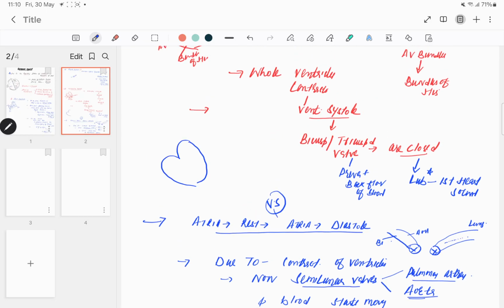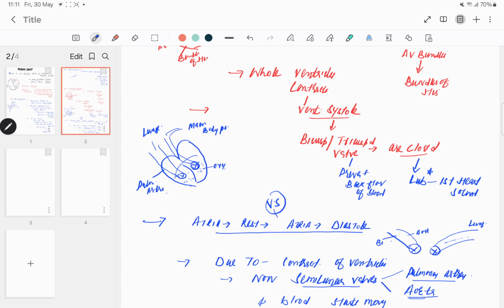Look here, now blood is in the ventricles. From the ventricles the blood will go through the valve known as the semilunar valve. From the left side, this oxygenated blood will go to the main body parts. And from the right side, this blood will go to the lungs through the pulmonary artery.